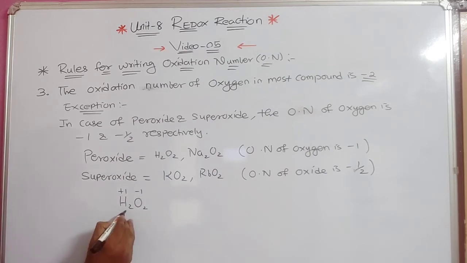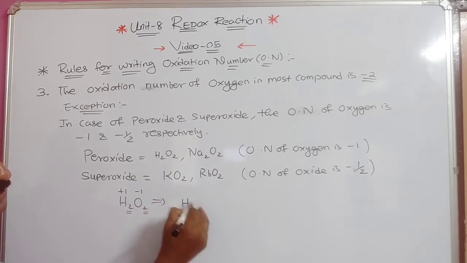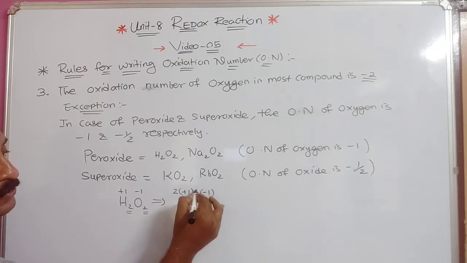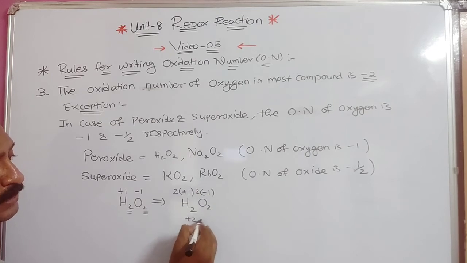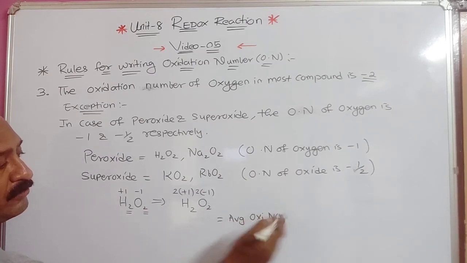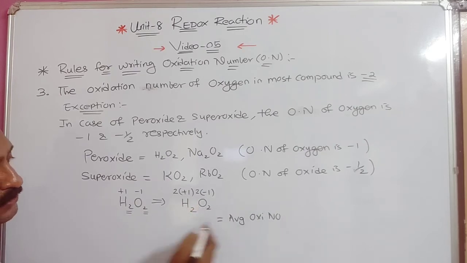But we know there are 2 atoms of hydrogen and 2 atoms of oxygen, so this same thing can be written as +1 into 2, and for O2, -1 into 2. So +2 and -2 total, the average oxidation number of any compound will be 0.